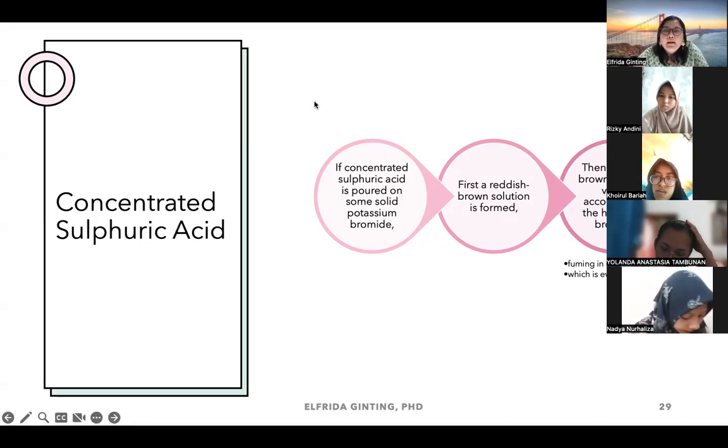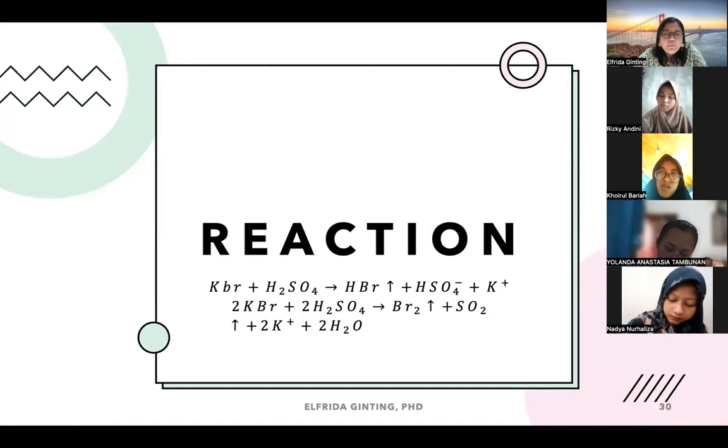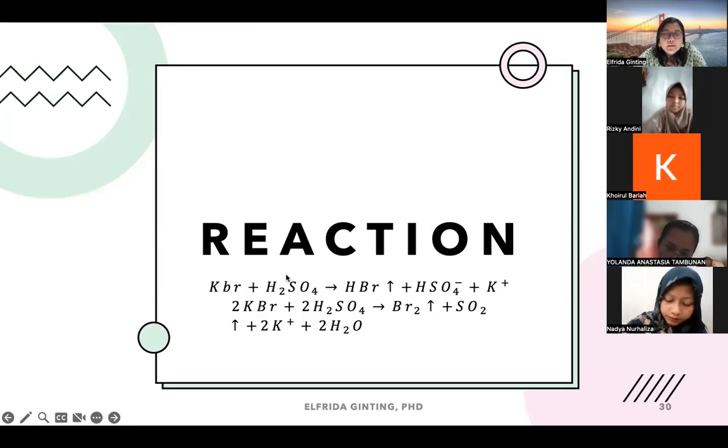Okay. So next, this is the reaction. When we analyze bromide, in this case we will use potassium bromide, and we mix it with sulfuric acid, and the hydrogen bromide will be released. And this is a lower concentration of sulfuric acid.